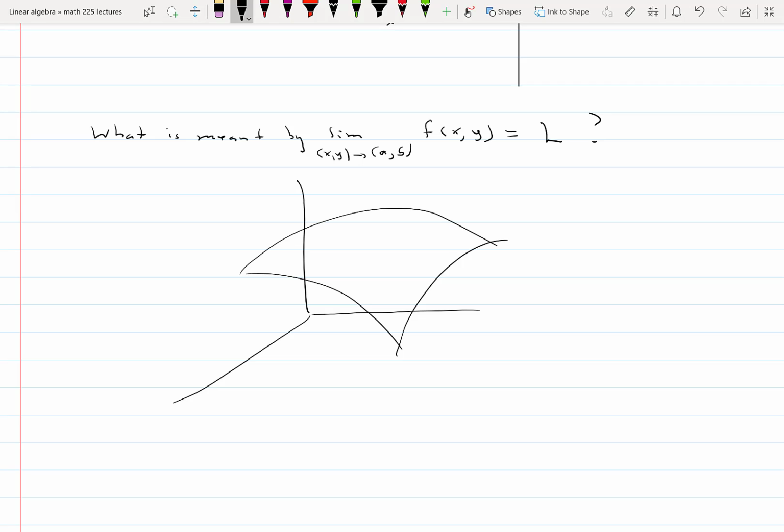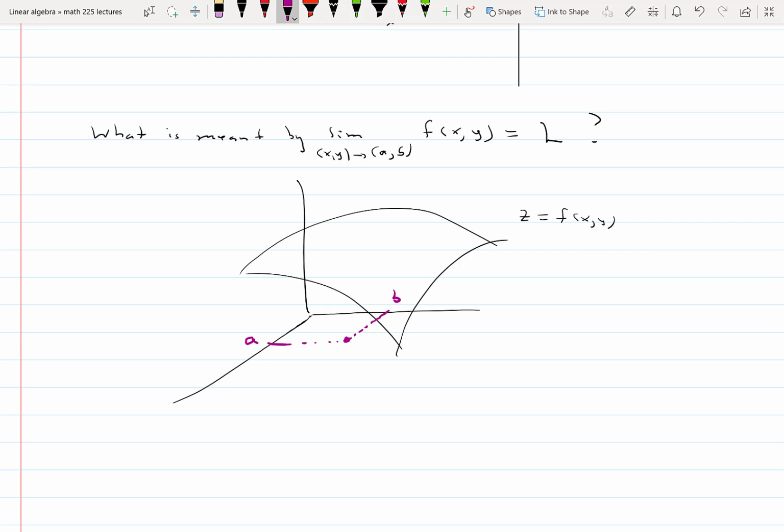So here's the surface z equals f of x, y. And here's the point A over here, and then let's go over here to B. So here's the point AB.